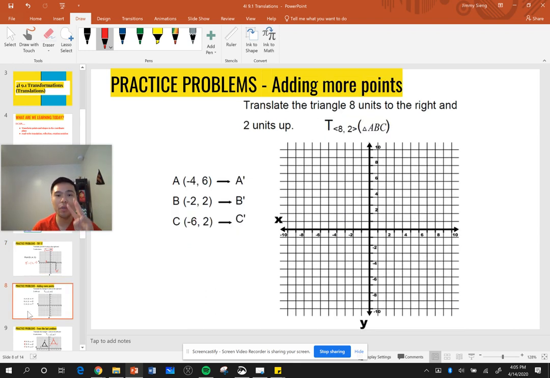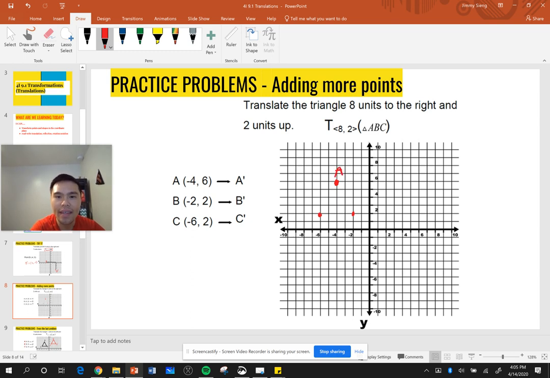Okay, so now let's do 3 points. So now let's say I have a triangle. I have triangle ABC. All right, let's go ahead and try putting that in first. So I can see that triangle ABC is going to be there, and then (-2, 2), and then (-6, 2), right?